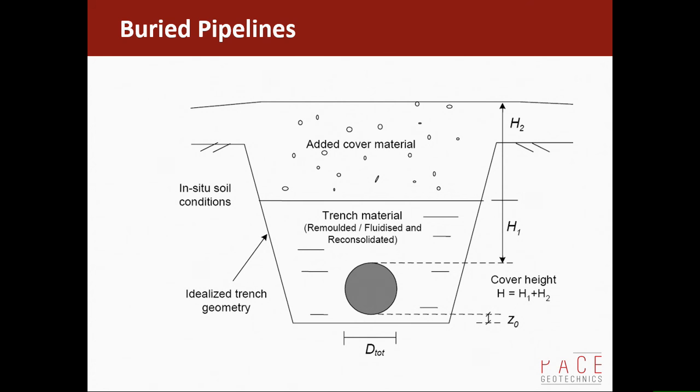You have a trench and hugely idealized trench geometry there, usually filled with soil. The cover height is taken from the top of the pipeline to the top of the backfill. And you might get that from survey information, where you can see down and see the level of the pipe and then the level of the backfill.